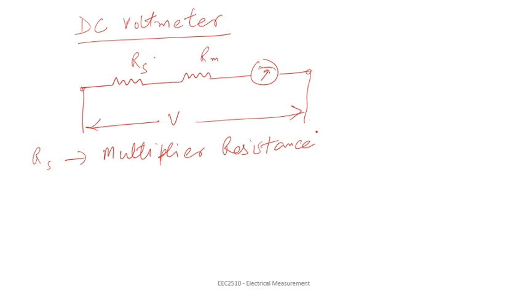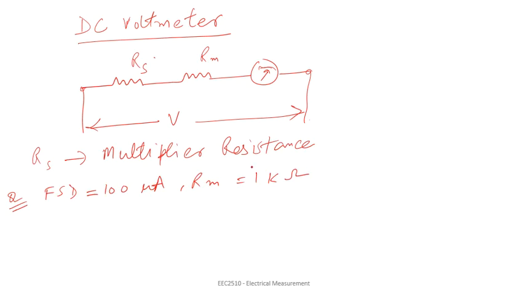Okay, so first let us see a short numerical example. A PMMC instrument with a full scale deflection of 100 microampere and a coil resistance of 1 kilo ohm is to be converted into a voltmeter.